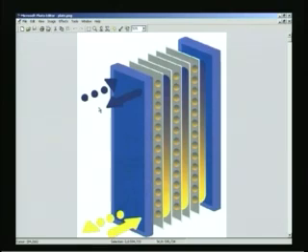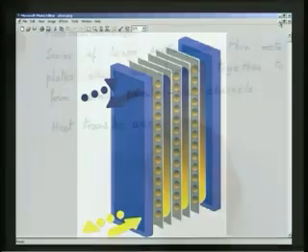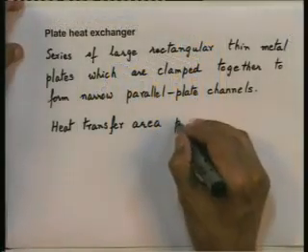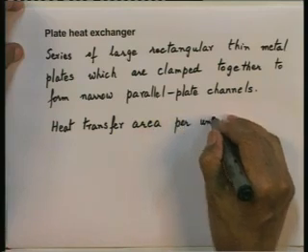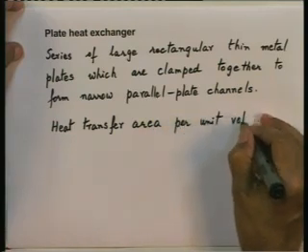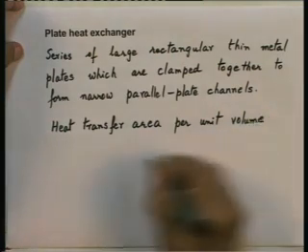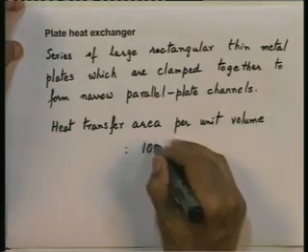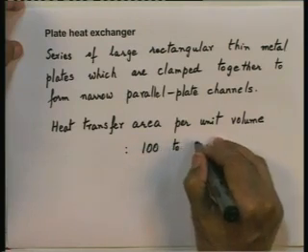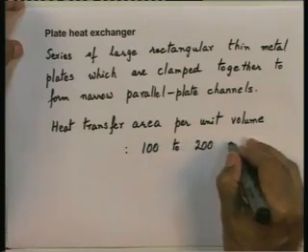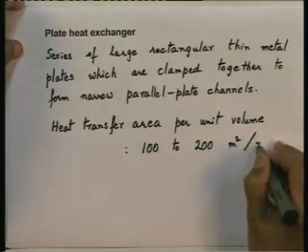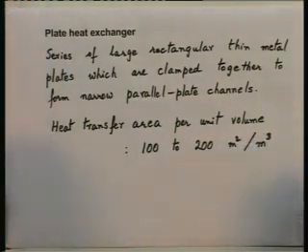Typically, for such a heat exchanger, the heat transfer area per unit volume for a plate heat exchanger would typically be from about 100 to 200 square meters of heat transfer area per unit volume of the heat exchanger.